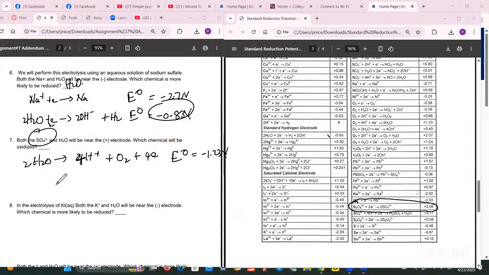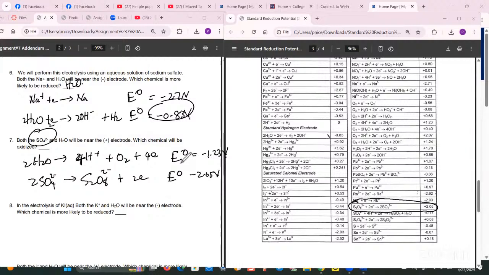So the reverse equation we'll be looking for is for the oxidation of the sulfate ion to form S2O8 2 minus plus 2 electrons. And the EMF value of that would be the negative of what this is, which is 2.05, so minus 2.05 volts, right?